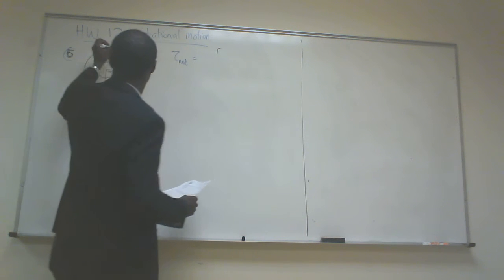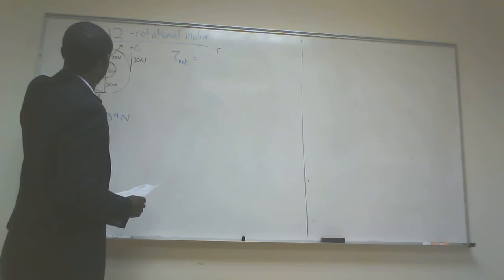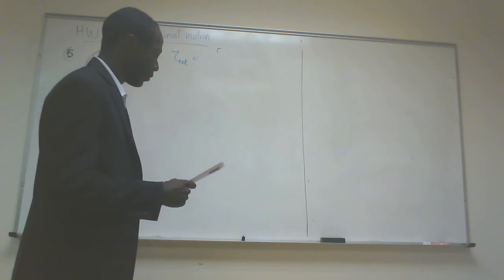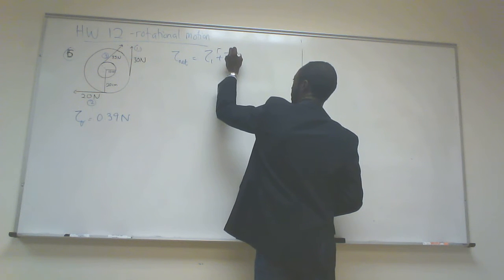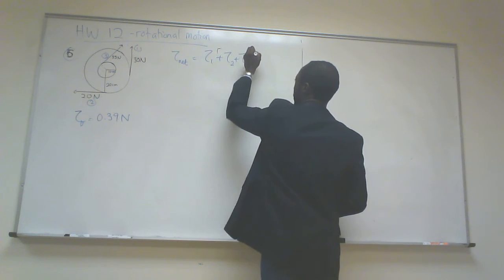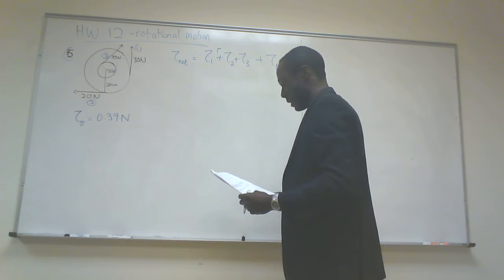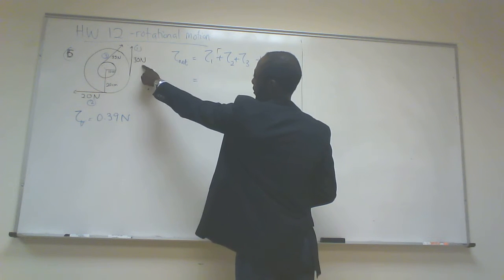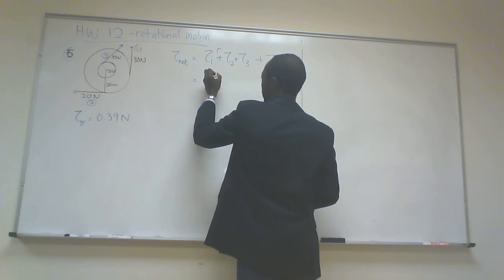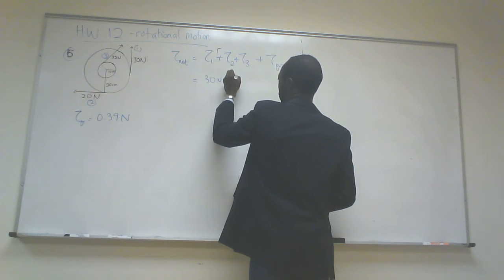All right, so the net torque will be equal to, let's call these 1, 2, and 3, torque 1 plus torque 2 plus torque 3 plus the frictional torque. And so torque 1 is 30 newtons times the distance, 0.2 meters.